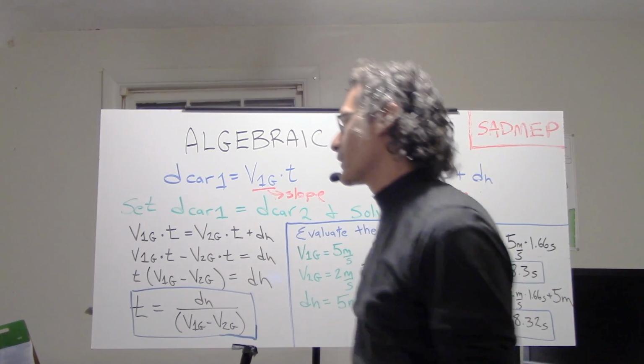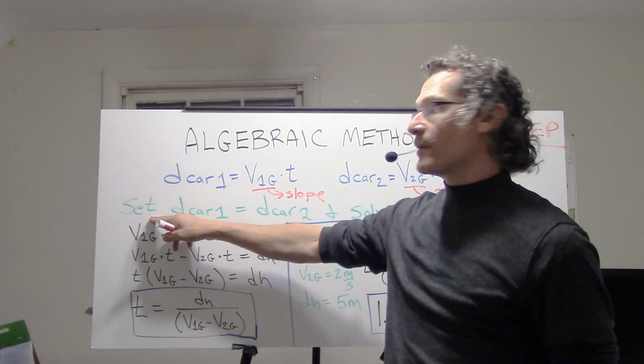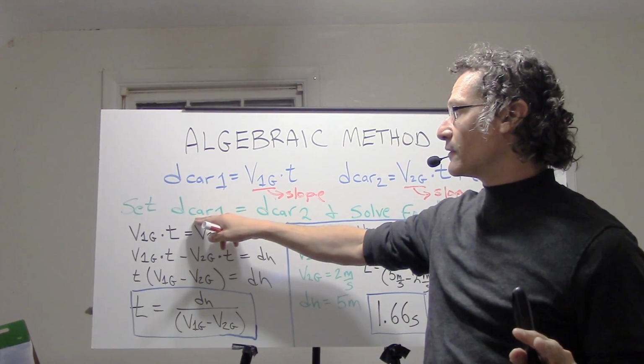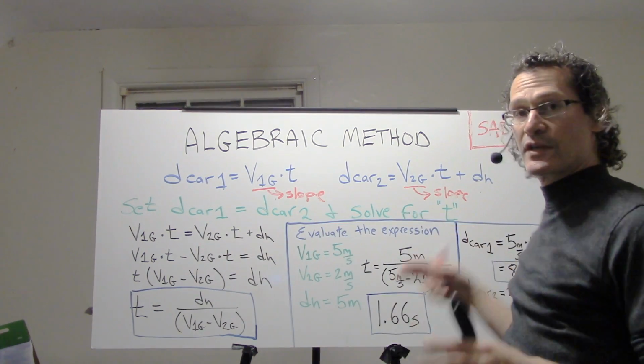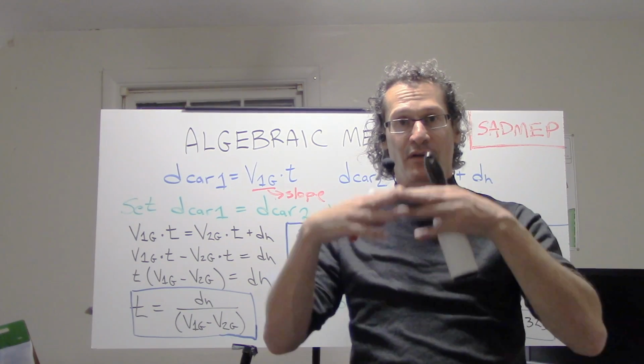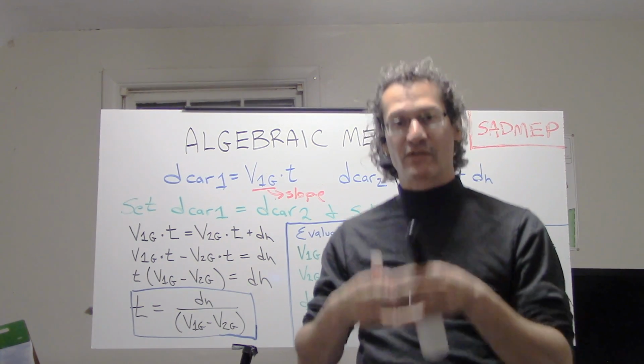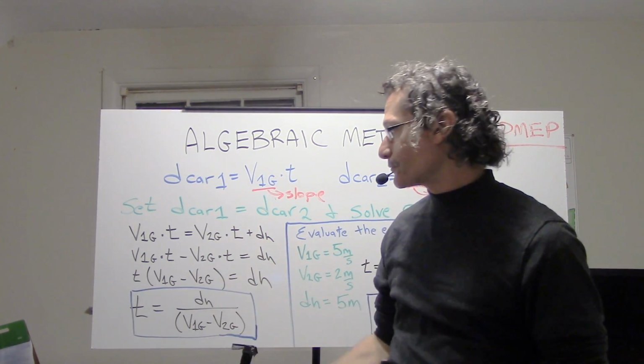So I wrote it down over here. Our strategy is to set displacement of car 1 equal to displacement of car 2, and then solve for t. When they meet, they're going to be at the same displacement relative to the origin, which is at the start of car 1.